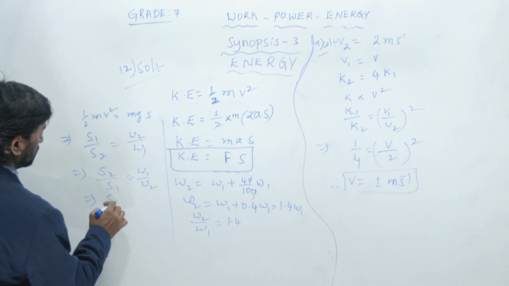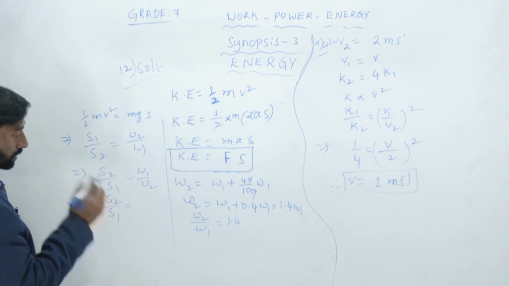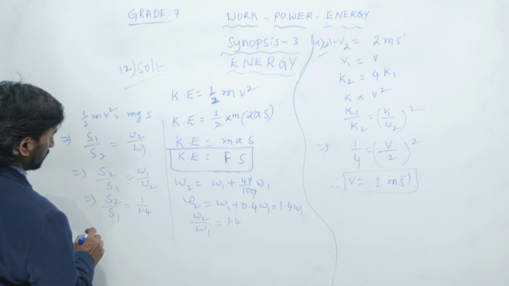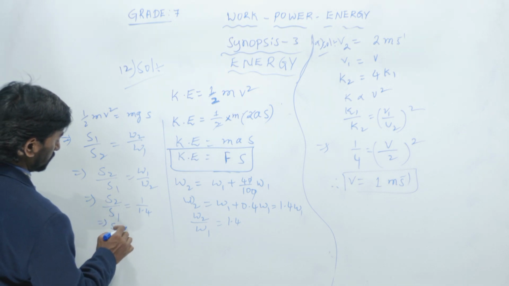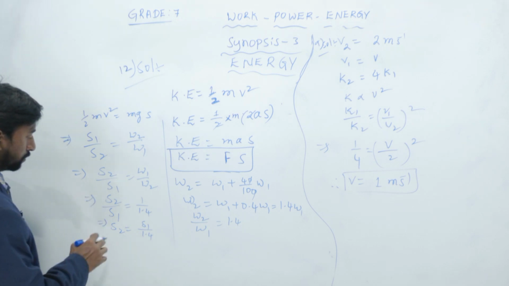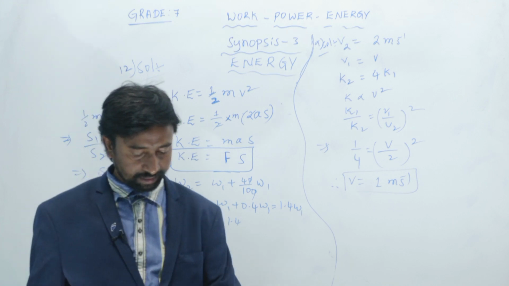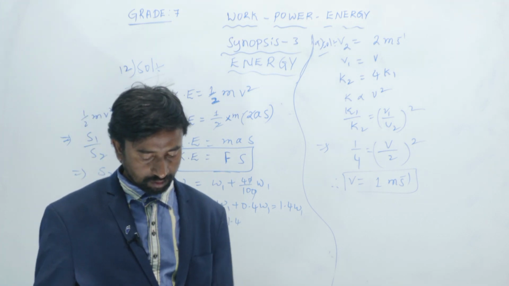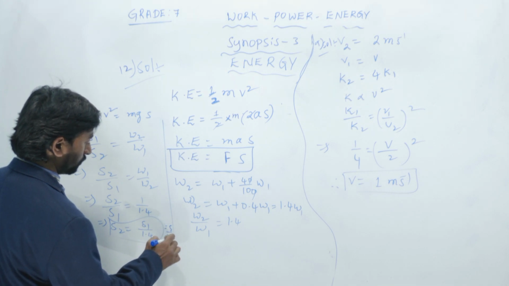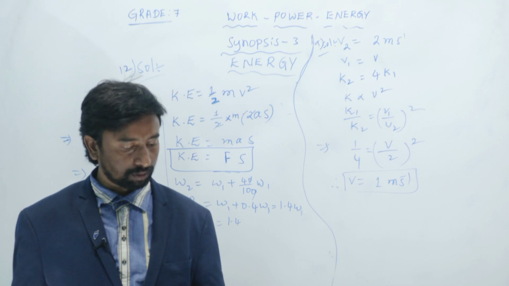So S2 by S1 is equal to 1 by 1.4. Then S2 is equal to S1 by 1.4. So it decreases, that is nothing but S by 1.4. So the answer is S by 1.4.